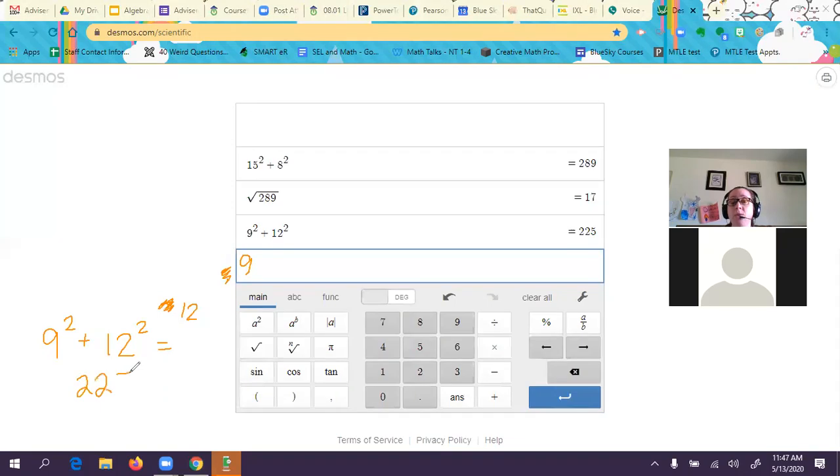Then what am I going to do to that 225 to figure out what my missing side is? I have to do one more thing. And the thing I'm going to do is my way to cancel squaring something.